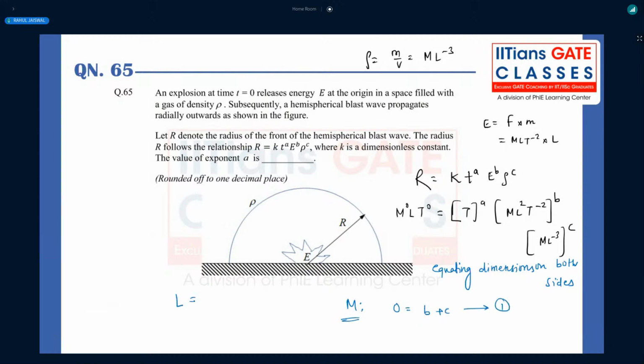If you compare the dimension of L, the left hand side has 1, that is equal to 2B minus 3C. If you solve equation number 2 and equation number 1, you will get the B value. And if you compare the T dimensions, whatever the T power is, we have 0, that is equal to minus 2B plus A. So A will be 2 times B. Just calculate B, put the value, and you will get A. So here we can write 2B.